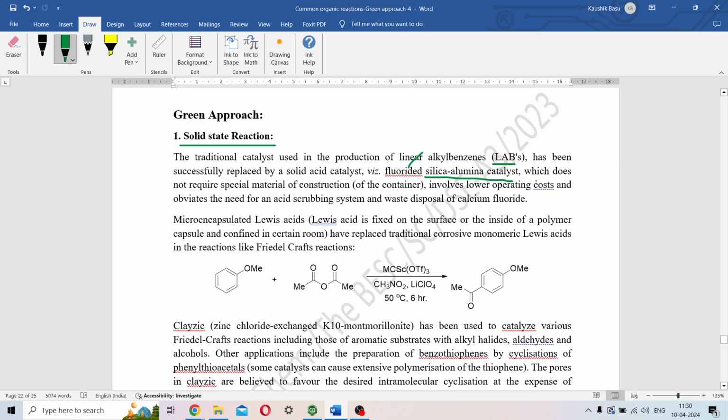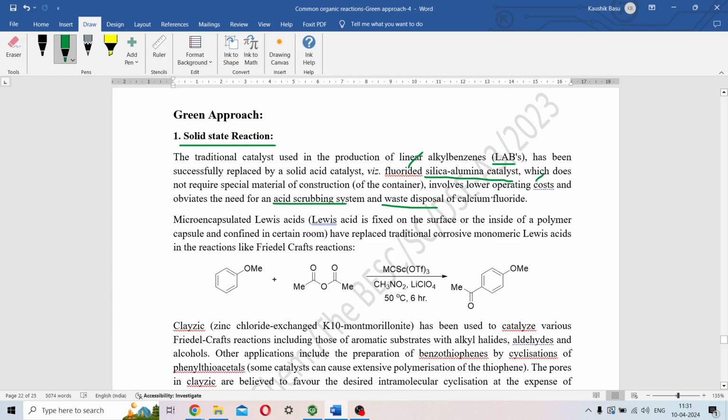Operating cost is also lower, and to isolate the product and finally get rid of the fluoride, if you are using HF, you need to have an acid scrubbing system, a complete waste disposal system of the calcium fluoride that is generated from it. No such thing actually is needed for this type of catalyst.